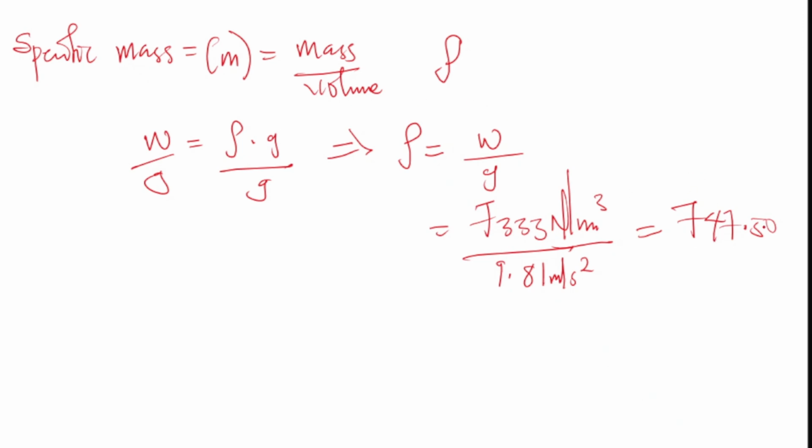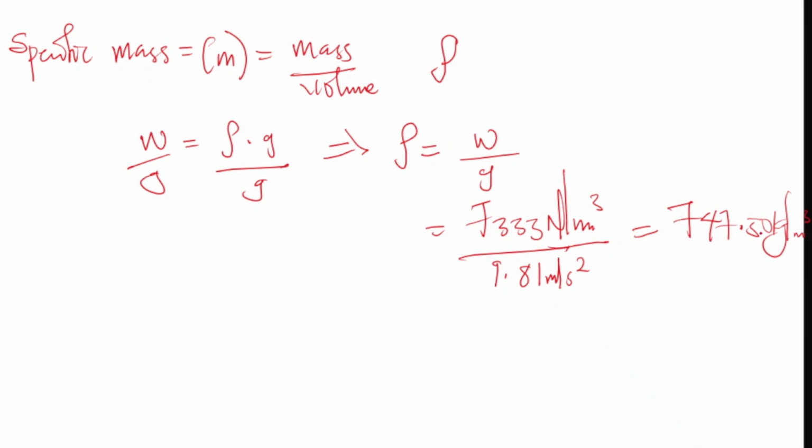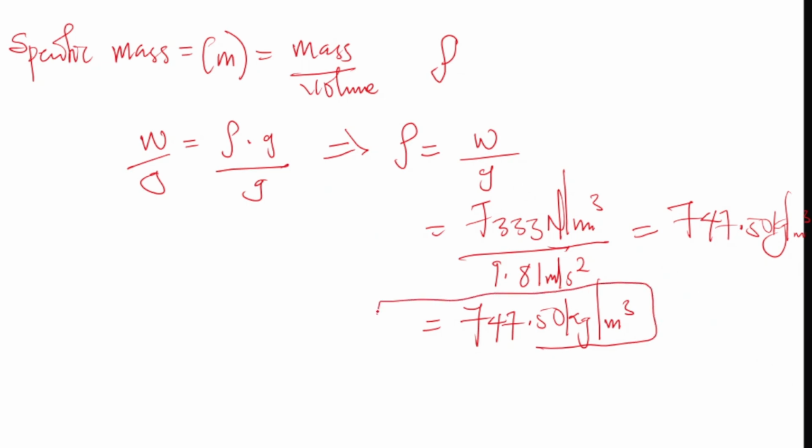So what you have here will simply be kilogram per meter cube. Am I communicating? And that will be the unit. So this will be 747.50 kilogram per meter cube. So this is your specific mass.